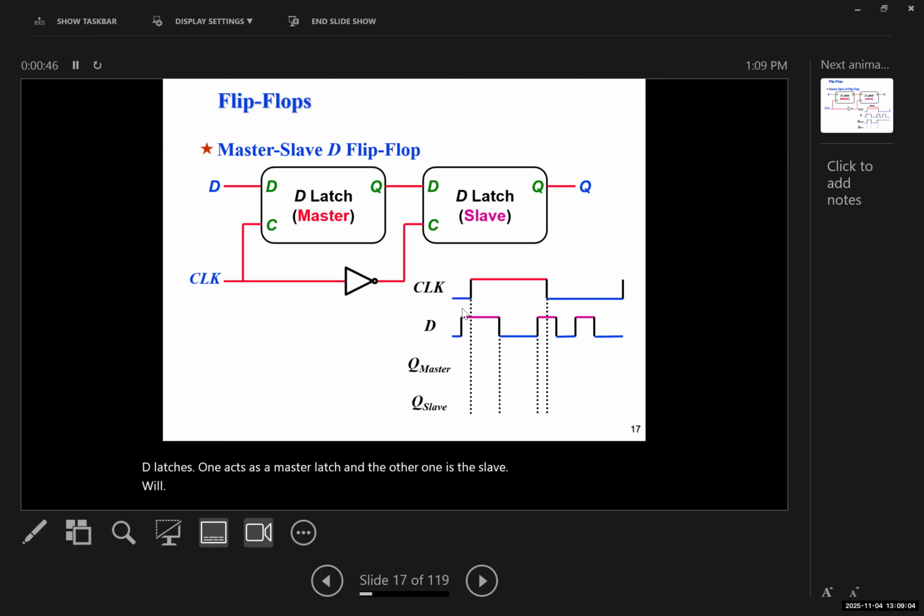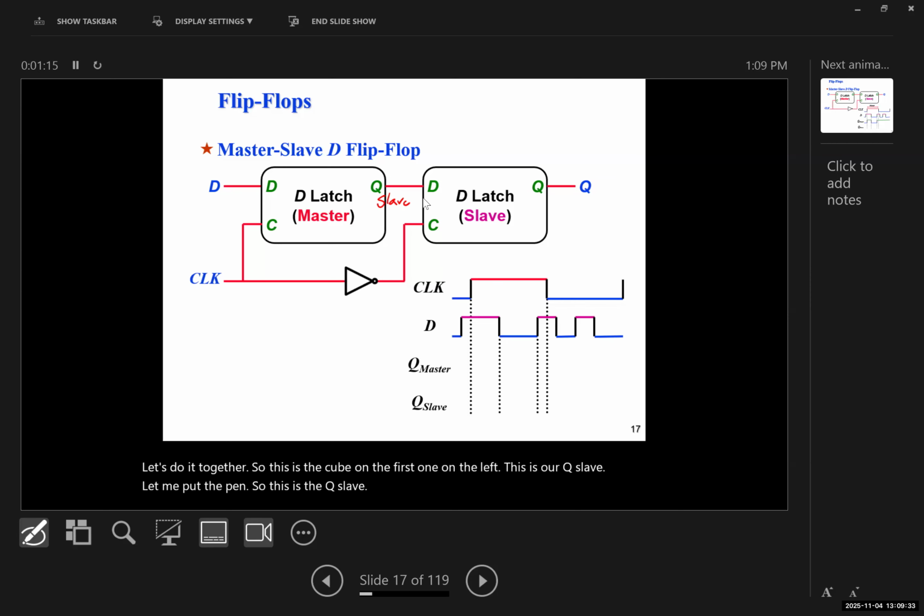Now, if we want to write the output for each of the D latches, let's do it together. This is the Q on the first one on the left, and this is our Q slave.